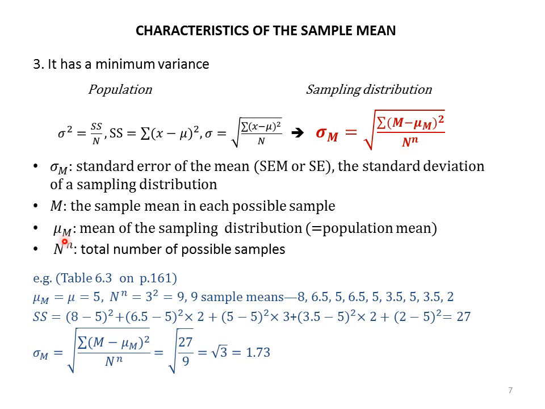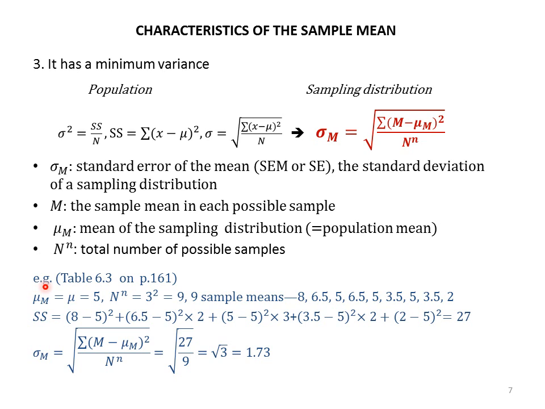Mu with a subscript uppercase M represents the mean of the sampling distribution, which equals the population mean. N to the nth power is the total number of possible samples. So when we use the notation for sampling distribution, the formula of standard error of the mean looks like this.